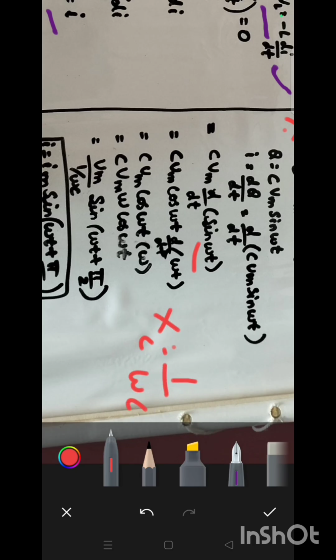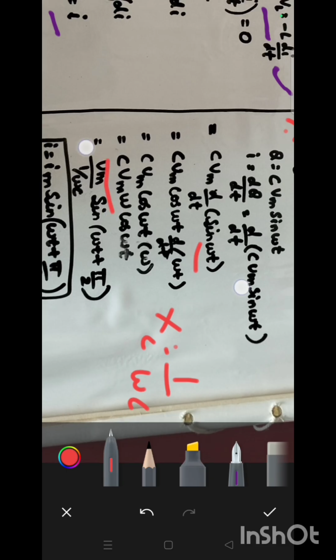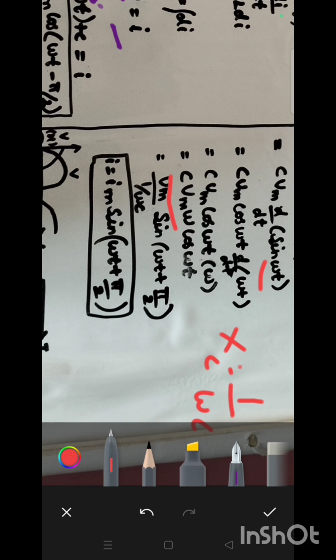These derivations I'll be doing in the next video. So Vm by 1 by omega c. We can take this omega c to the denominator as 1 by omega c. It will be Vm by 1 by omega c, sin omega t plus pi by 2. 1 by omega c is nothing but Xc.